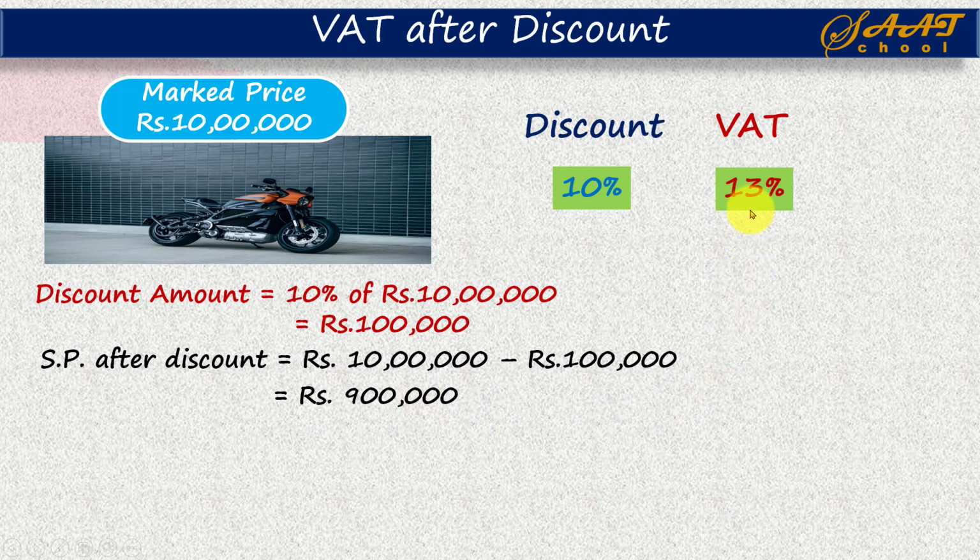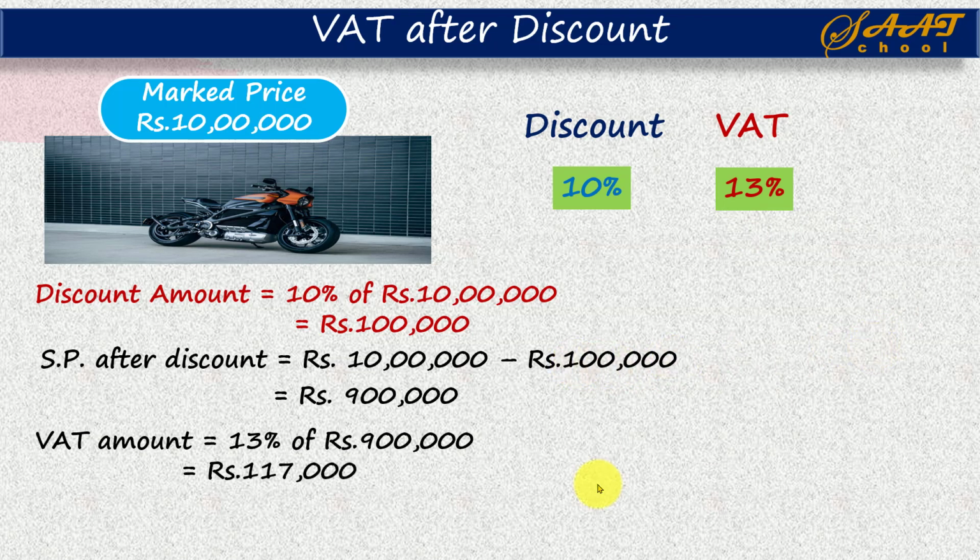Now once we have the selling price after discount, we finally calculate the VAT amount. So this VAT amount is calculated on this amount. So here we can calculate the VAT amount, which is 13% of this 900,000. That is equal to 117,000. So this is the VAT amount. Don't be confused.